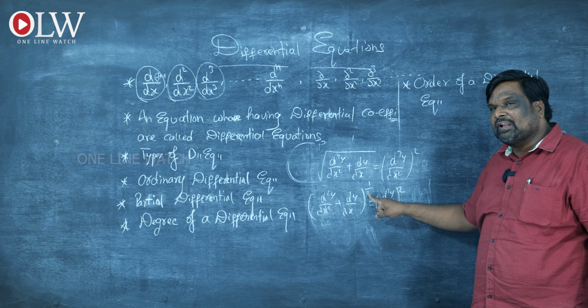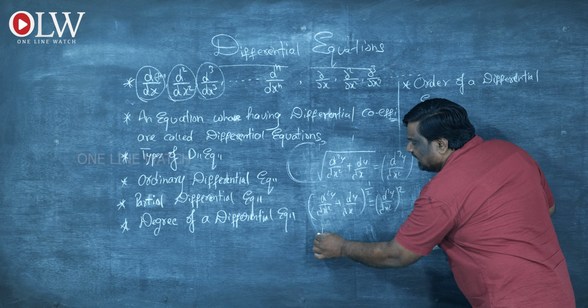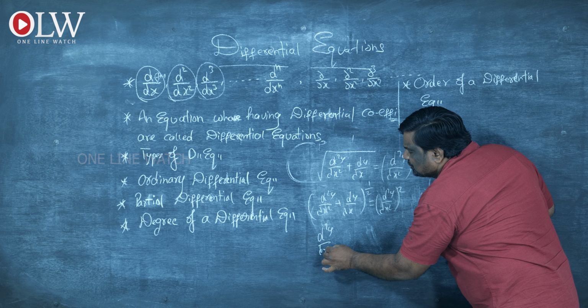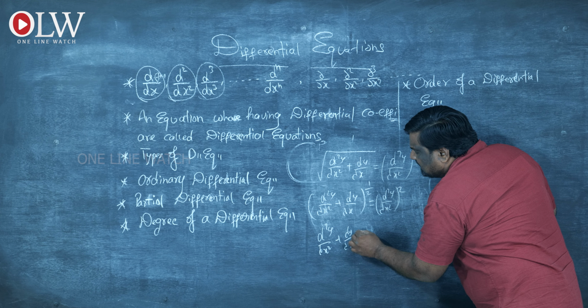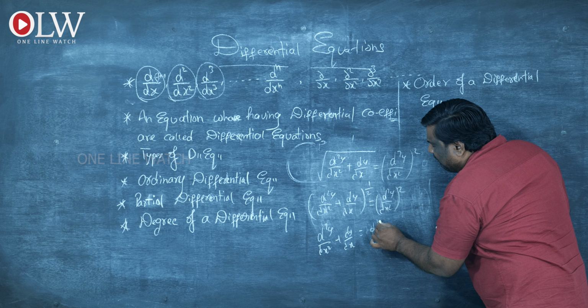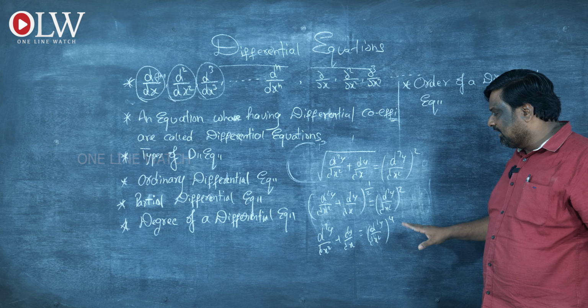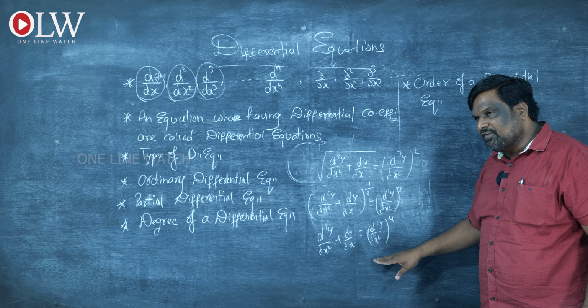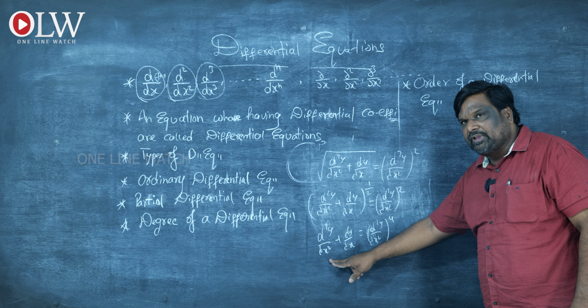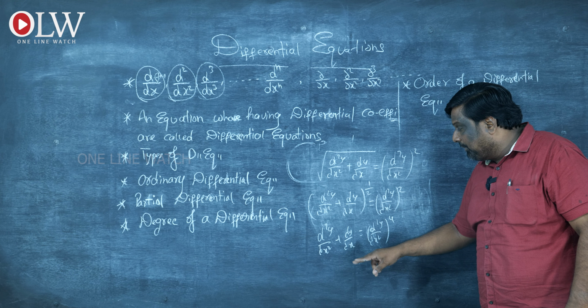Taking the square on both sides, we get d²y/dx² + dy/dx = (d²y/dx²)⁴. Now we observe that it is also a differential equation, and its order is 2, as we defined earlier.